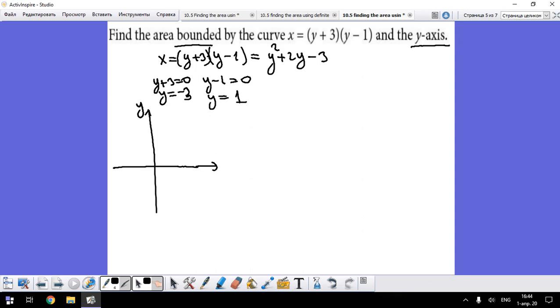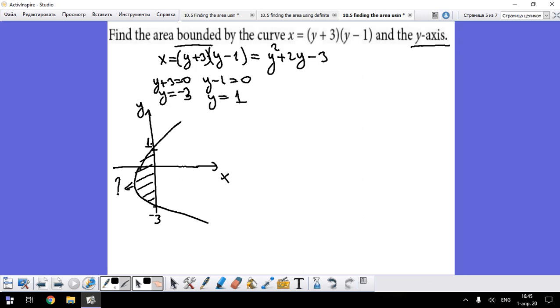This is y, and this is the x coordinate. So minus 3 will be here, and 1 will be here. So our function passes through the points as follows, and we need to find this area.